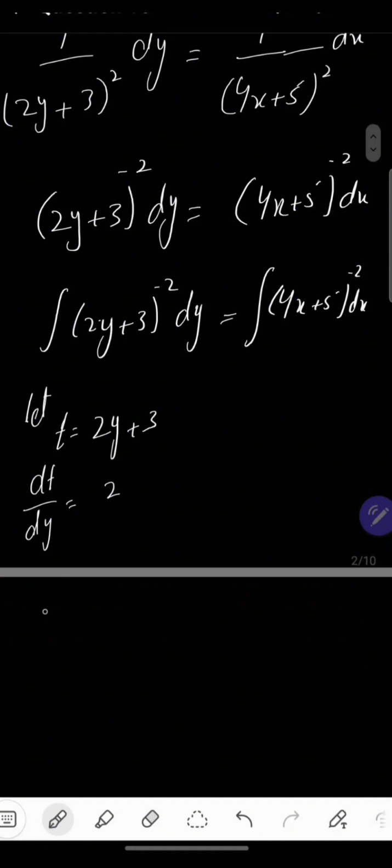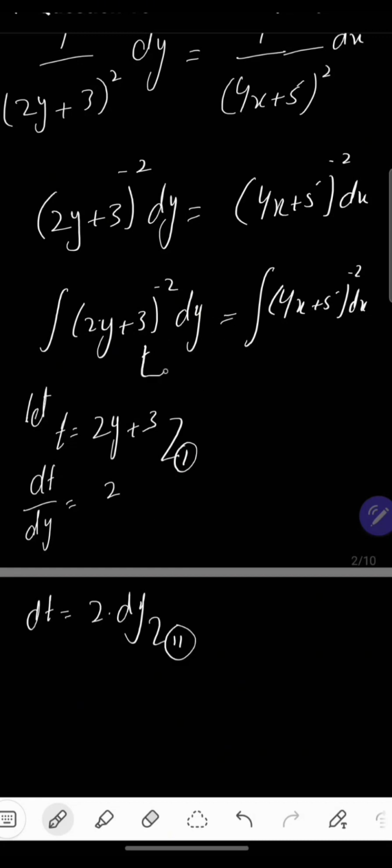In the next step, we get dt is equal to 2 dy. Let's call this equation number 1 and this equation number 2, and call the left term A and the right term B.